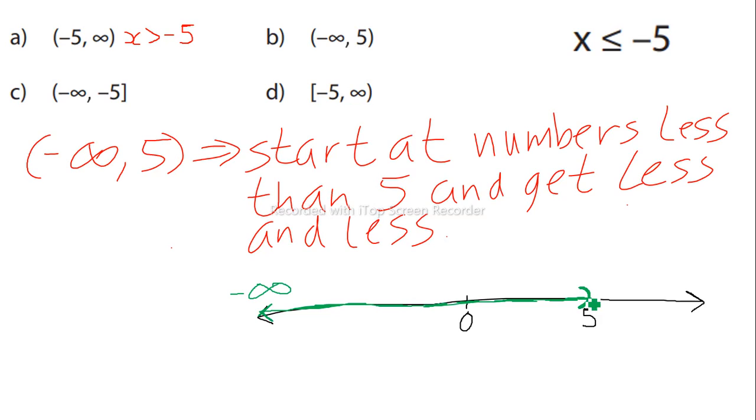But we get progressively less and less. So we start at numbers less than 5 and get increasingly smaller. So this is saying if we take any number inside this set, let's call this number x, that number is going to be strictly less than 5.